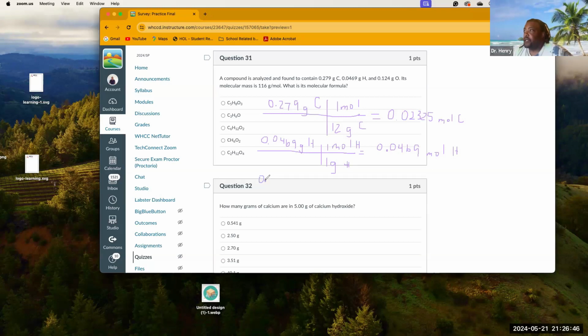And then oxygen, we have 0.124 grams of oxygen. We're going to divide that by 16 grams, that's for every 1 mole of oxygen.